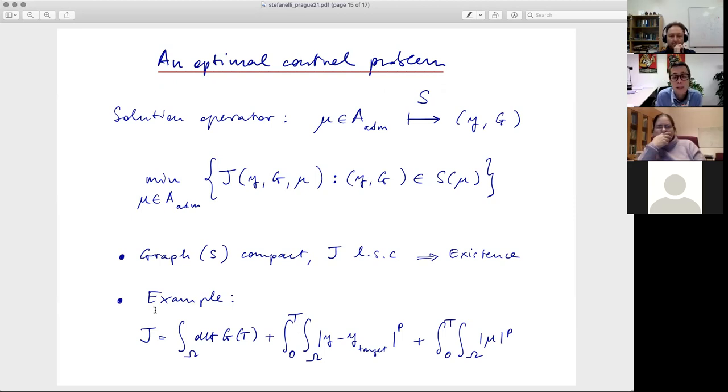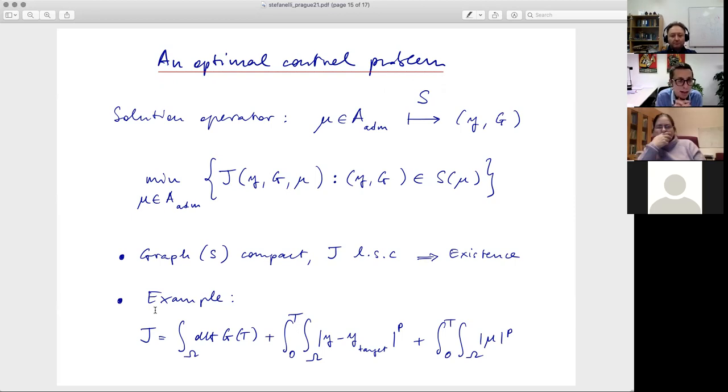So these two things together give you existence. And yeah, I know existence is just the first step, and it would be nice to have optimality conditions, but in this case, these are a little bit out of reach because you didn't even know that S is single valued, so it's going to be technical.